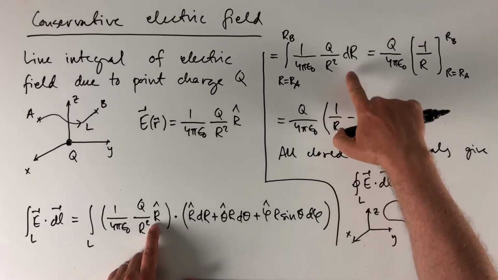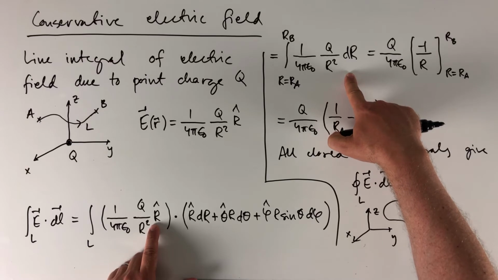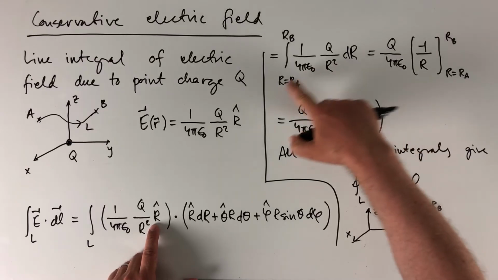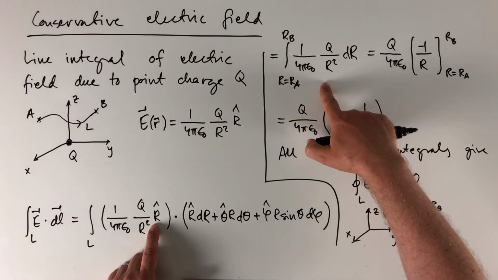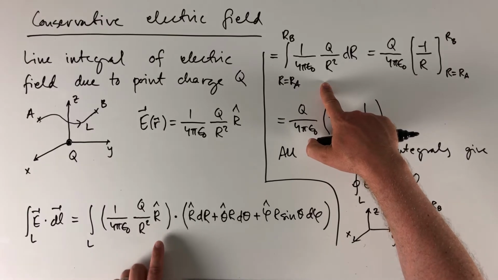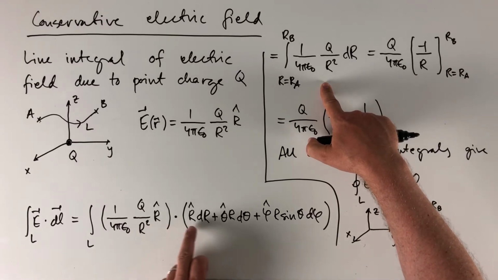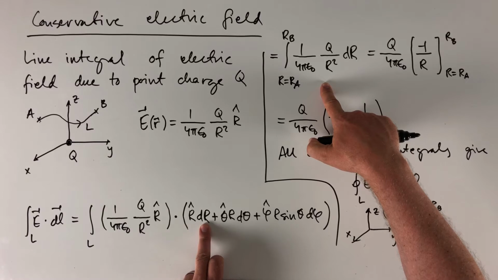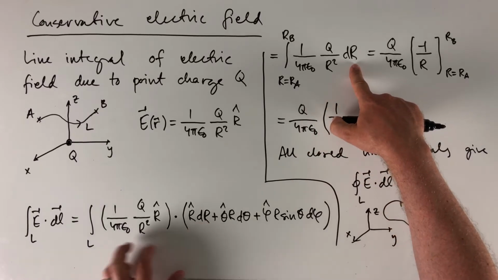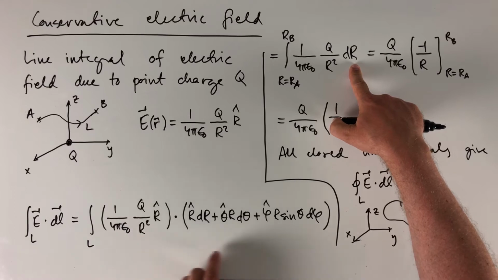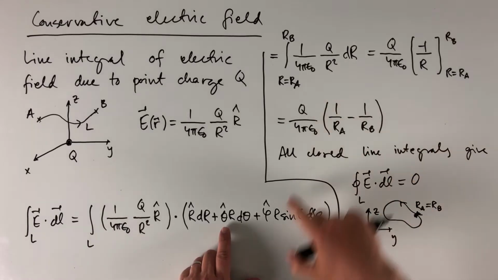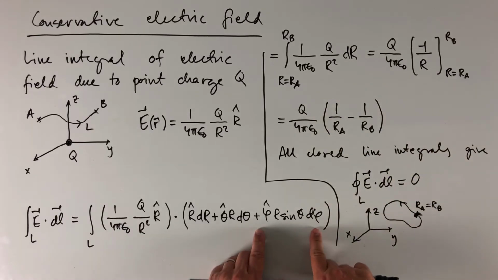Now if we write down this result over here in detail, we will have r hat dot r hat is equal to 1, which leaves dr together with the magnitude of the electric field here. And as we discussed before, these two parts vanish.